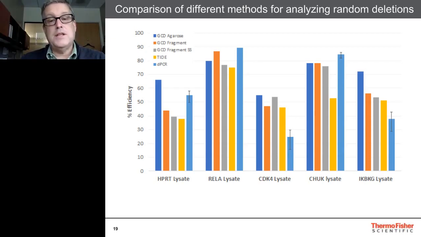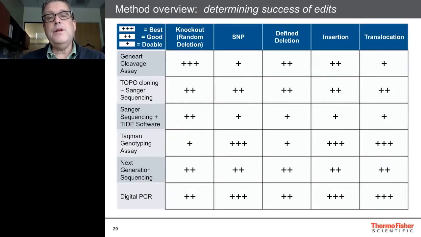That could have been because of suboptimal placement of some of the probes, and maybe a little bit of optimization of the CDK4 assay might have done a better job. And in this case, the CHUK4 Tide determination was a little bit lower than everything else, and I know that's because the quality of the CHUK sequencing reactions were not as good as some of the other loci. But overall, the way the different methods calculate efficiency agree fairly well.